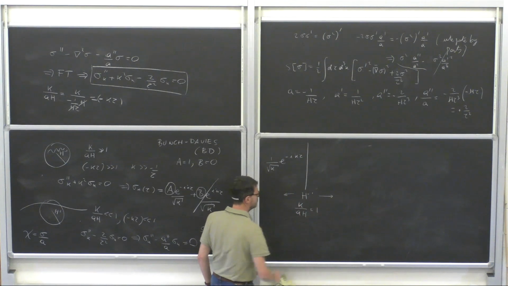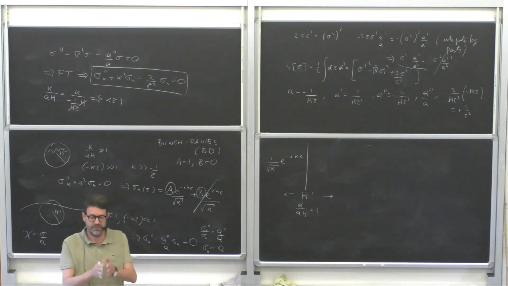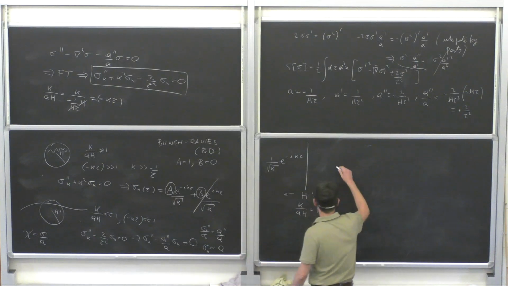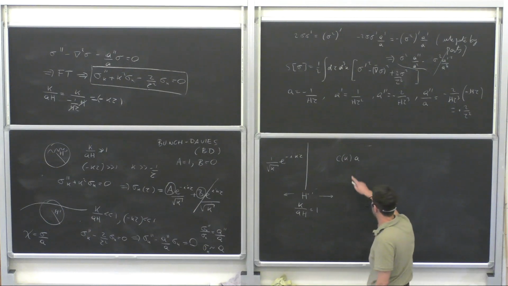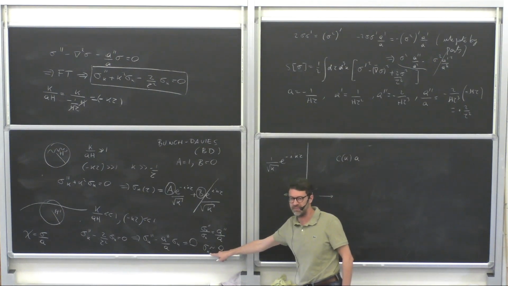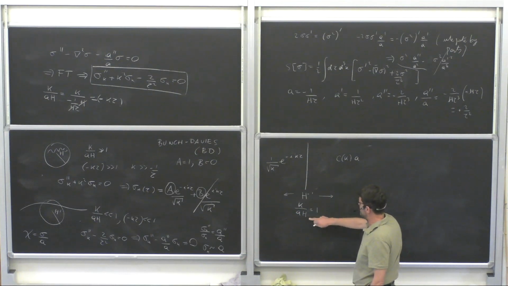So you do the matching the moment the wavelength goes out of the Hubble radius. That is when you do the matching between two solutions. The other solution, let me call it C of k times a to the sigma. Of course the coefficient of proportionality will be a function of k, which is just a dumb parameter here. And you do the matching at this point, okay?